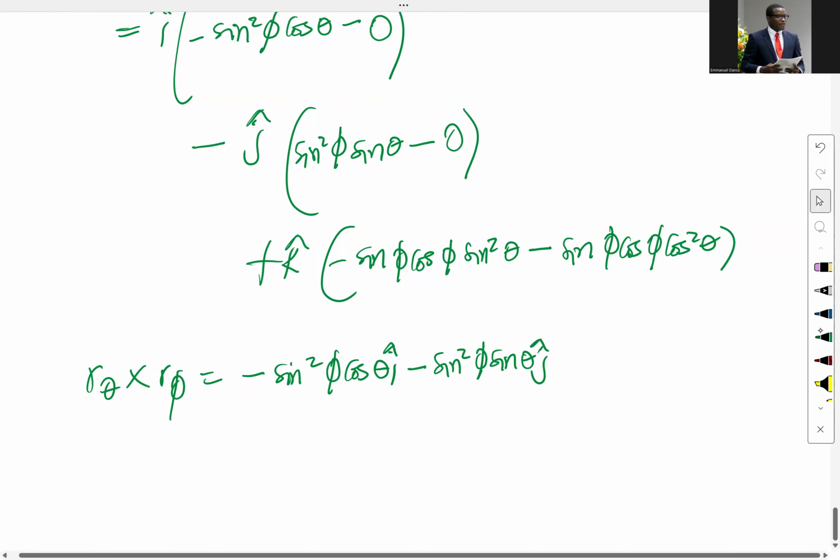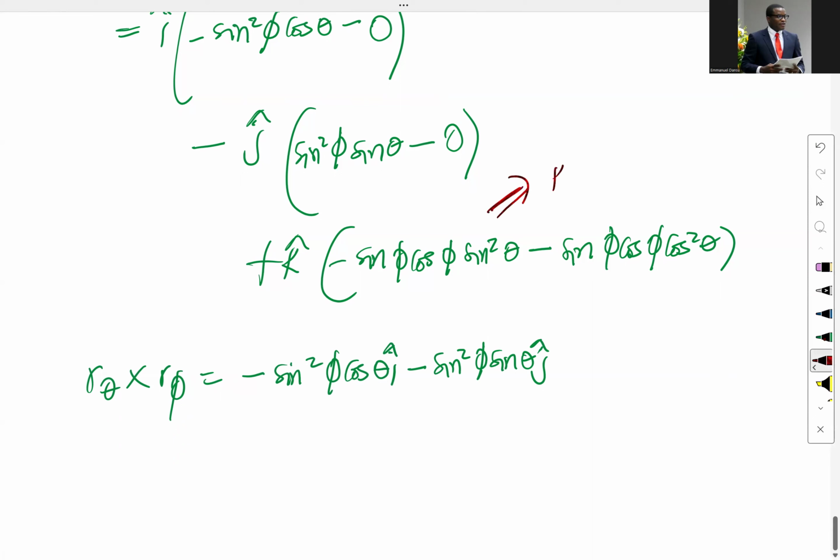And lastly, we have, I think, can we factorize something here? I believe so. Okay, let me just write it first. Okay, let's take this up a bit and see what we can do. This is actually like plus k into something should be common. Minus is common for sure. Sine phi cos phi is common. So we have minus sine phi cos phi into, so if you take away minus sine phi cos phi from here, you have sine squared theta.